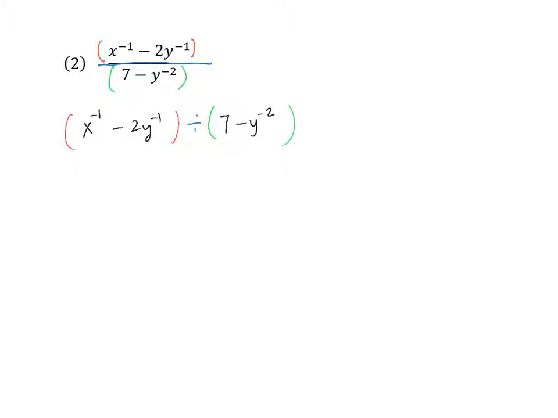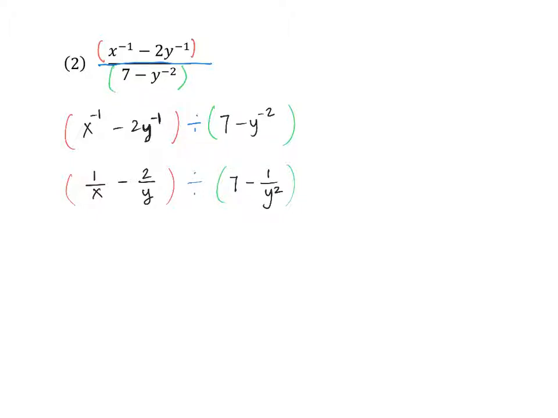The next step is to simplify within my parentheses, looking at what negative exponents mean. That takes the reciprocal to the positive power. So x to the negative 1 is 1 over x. Here, the negative 1 is only affecting the y. The 2 is not affected, so it becomes 2 over y. Then 7, and y to the negative 2 is 1 over y squared.